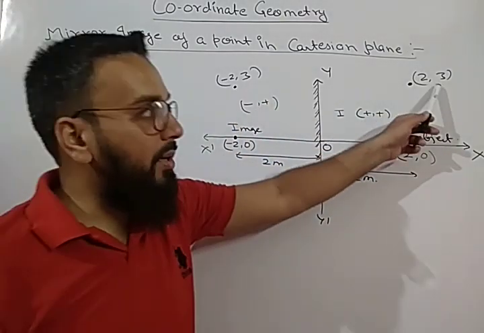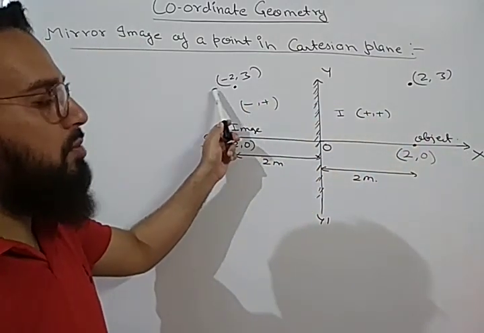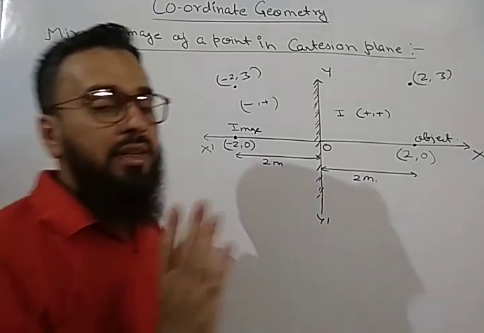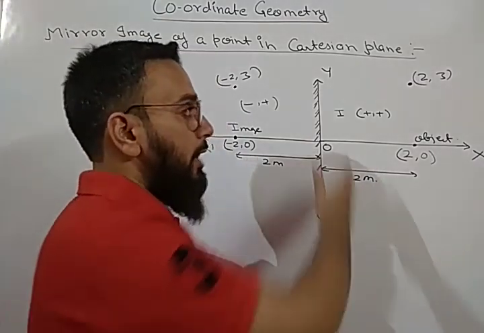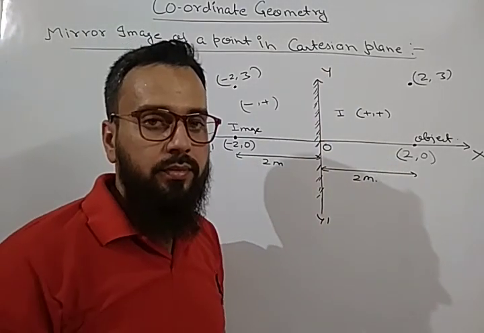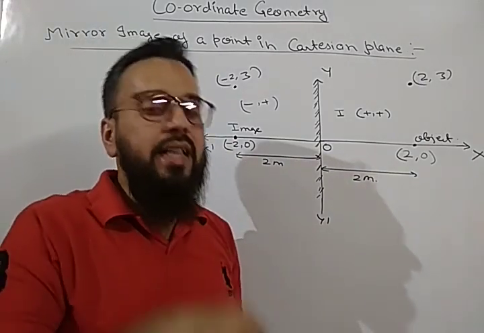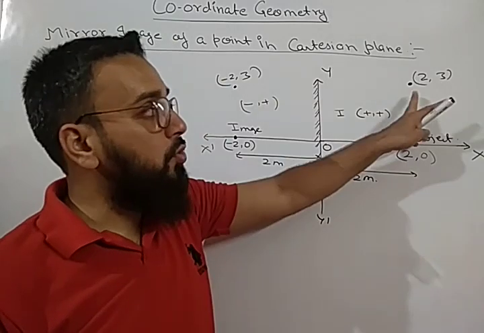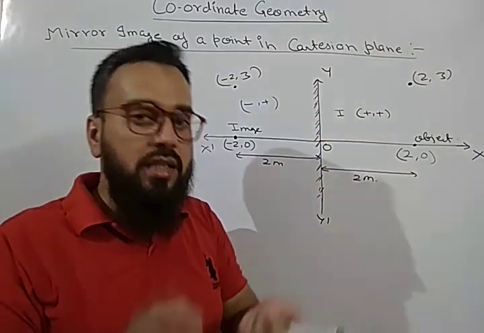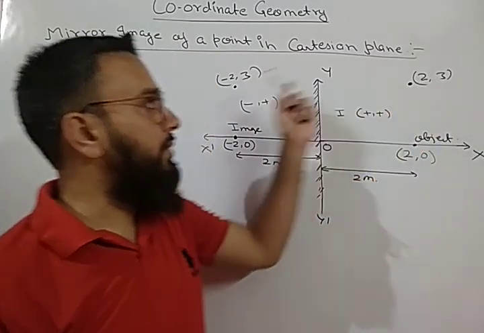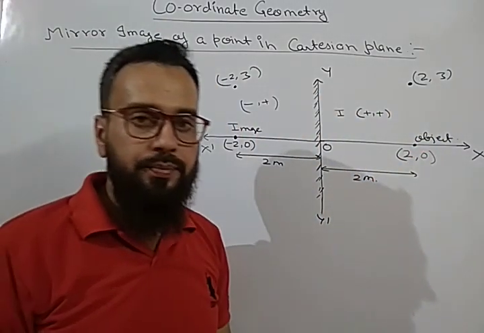It means whenever we find the mirror image of a point around the y-axis, only the sign of the x coordinate changes, and there is no effect on the y coordinate.